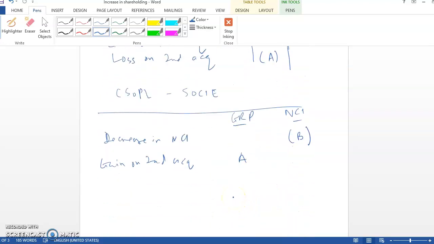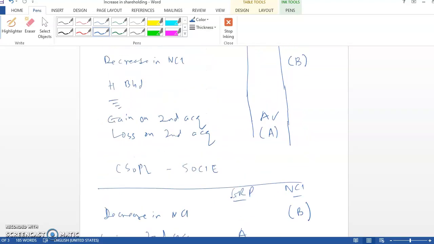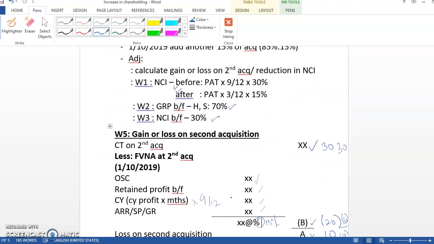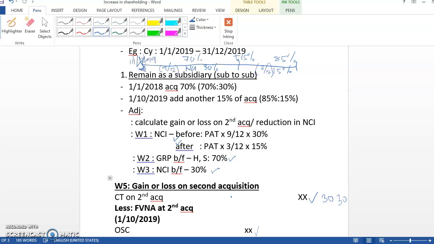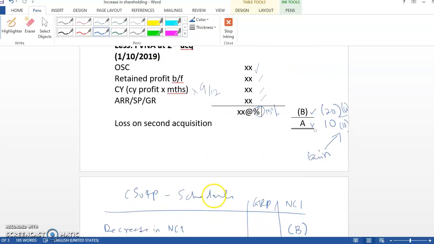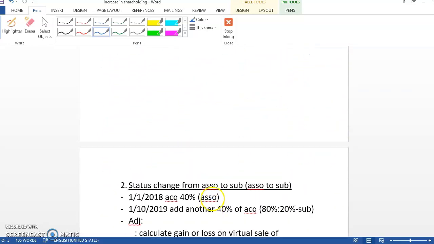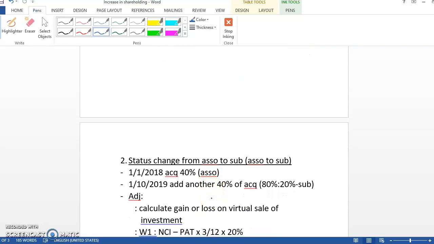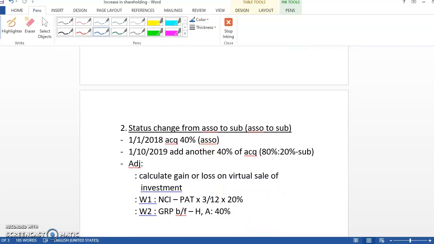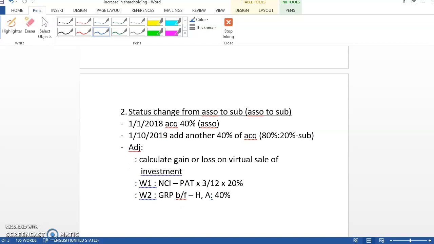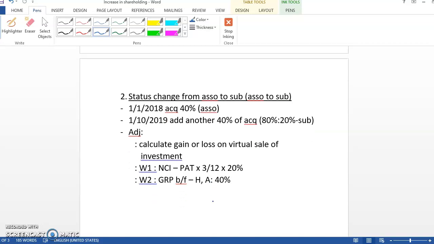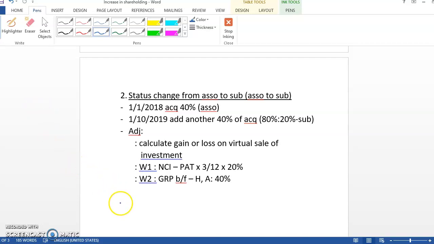Okay? Alright, just now we looked at the first situation whereby the company remains as a subsidiary, meaning that after the first acquisition, the subsidiary still remains as a subsidiary. Now the second situation is where the status changes from ASO to sub. For example, I draw a line here.